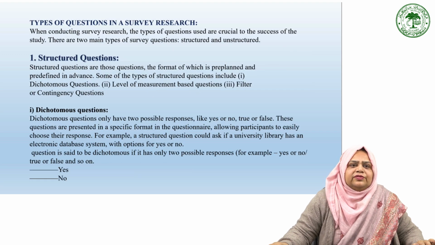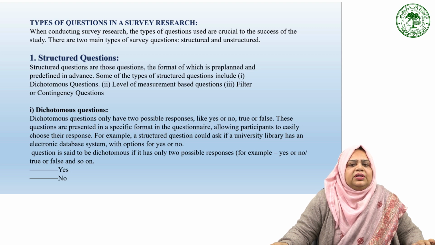There are different types of questions that we use in survey research, and the types of questions used are crucial to the success of this study. There are two main types of survey questions: structured and unstructured. Structured questions have a preplanned and predefined format, such as dichotomous questions, level of measurement based questions, and filter or contingency questions.